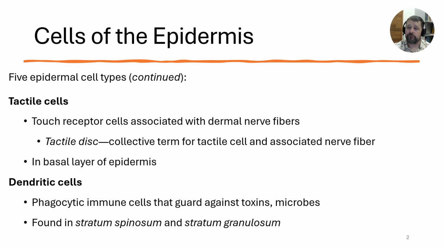And that's for good reason, because if something penetrates the heavily keratinized layer, like a bacteria, or you get cut and some bacteria was on the item that cuts you, then you want your dendritic cells, your phagocytes, to be there to attack the bacteria, viruses, or fungi that may have just penetrated, to provide defense against infection.